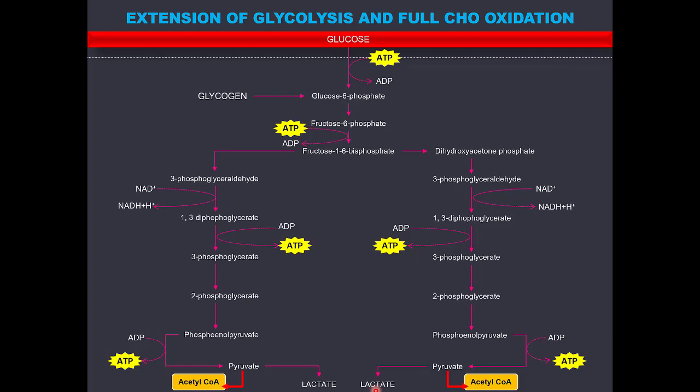But for full oxidation, the pyruvate will continue to undergo oxidation by first being oxidized to acetyl-CoA. And this is the part that occurs in the mitochondria via aerobic metabolism. So since we have two pyruvates here, we end up with two acetyl-CoAs.